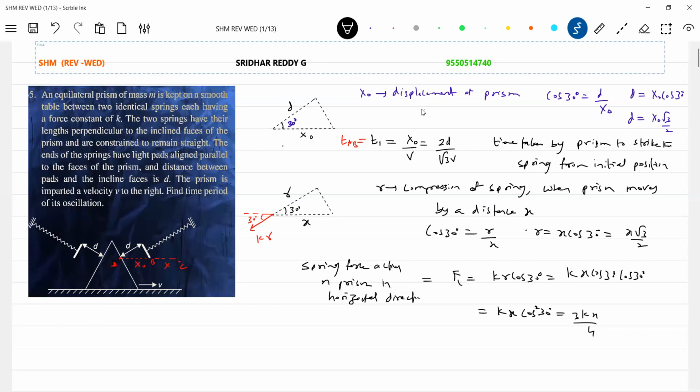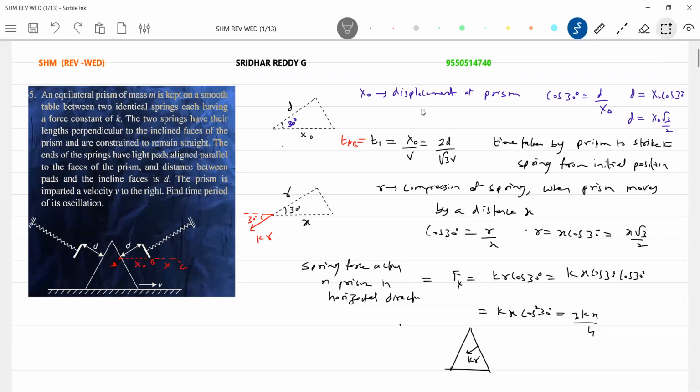This is the force acting on the prism along the x-axis. That is a restoring force. This is like a restoring force, no? I think I'll give at least one small diagram so that it will be easy for you. The component of kR is what we call Fx here. Okay, let me proceed further.